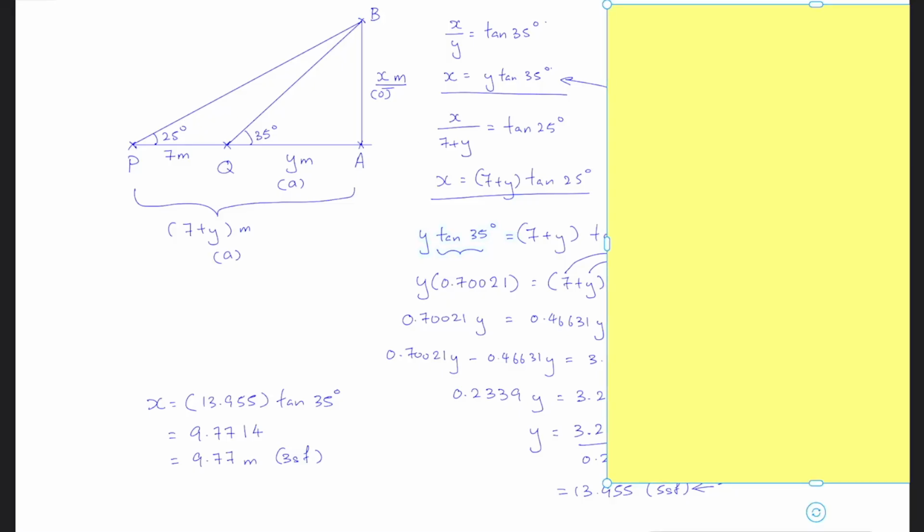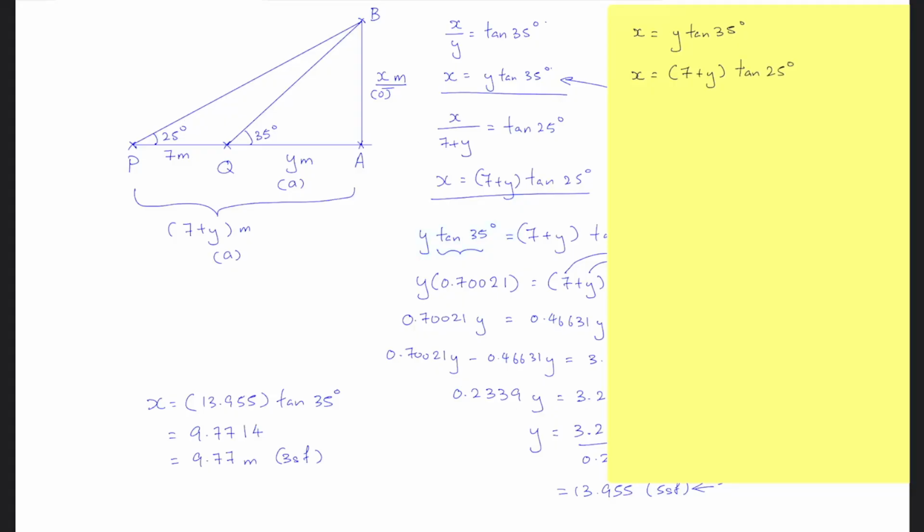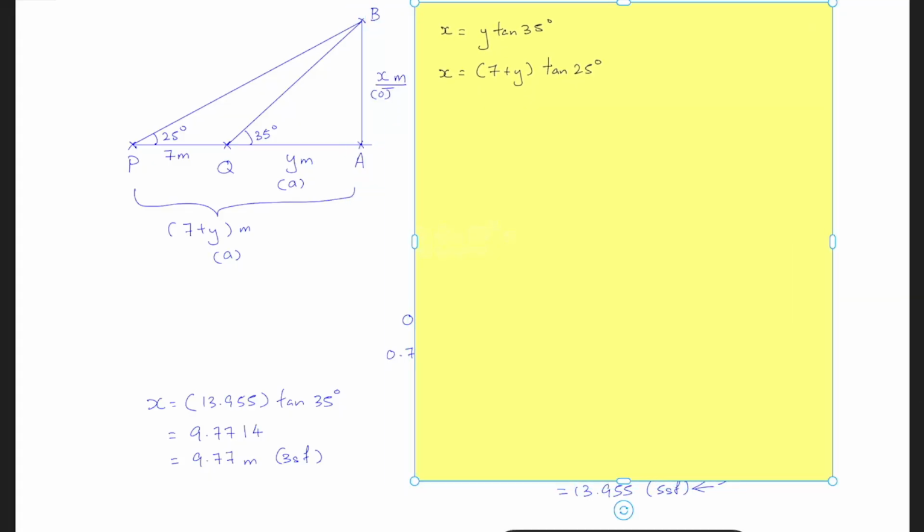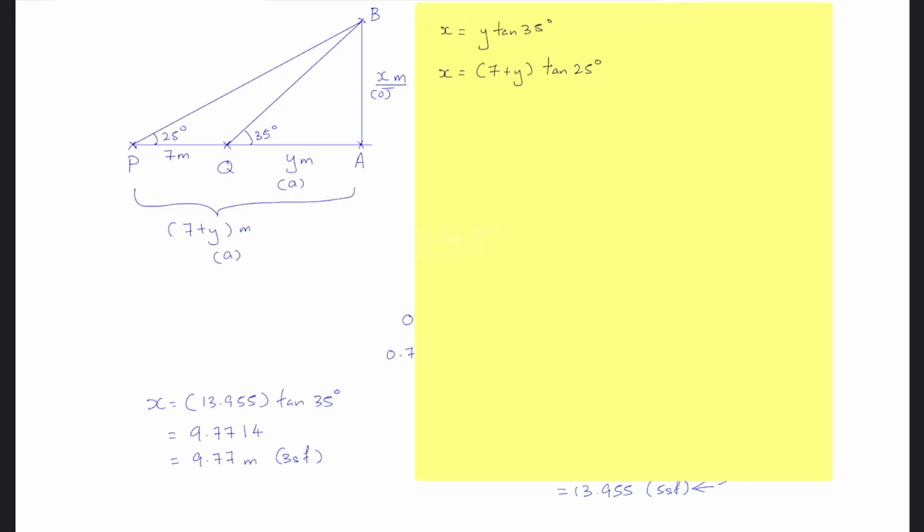So we have X equals to Y tangent 35 degrees. And then X equals to bracket 7 plus Y close bracket tangent 25 degrees. So what you're going to do is, instead of calculating the tangent 35 and tangent 25, you are going to first expand this.